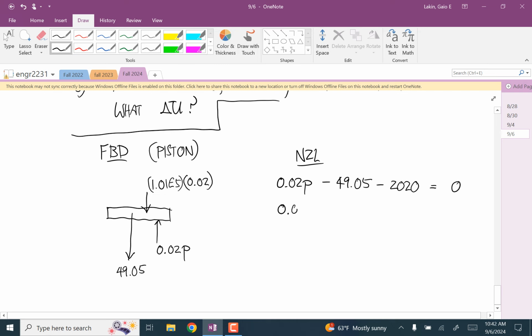And so 0.02 times P is 2069.05. And so the pressure is 103,453 pascals.